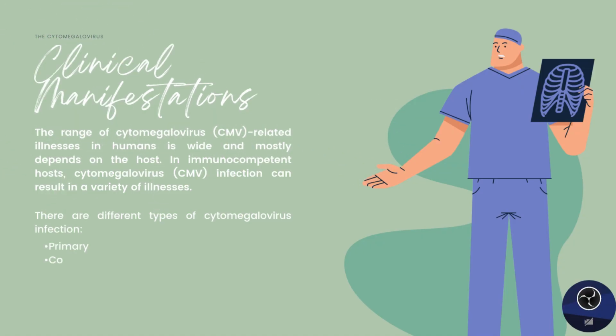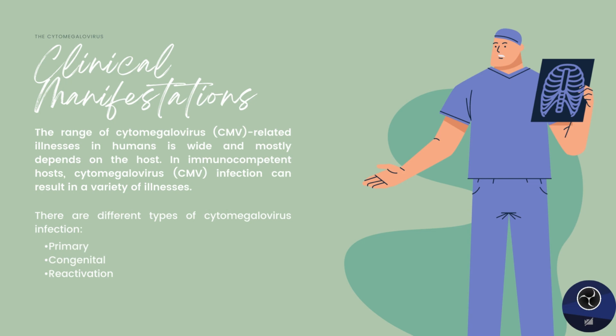Clinical manifestation. The range of cytomegalovirus or CMV-related illnesses in humans is wide and mostly depends on the host. In immunocompetent hosts, CMV infection can result in a variety of illnesses. Actually, there are different types of cytomegalovirus infection, and these are the primary, which refers to when a person is infected with CMV for the first time.